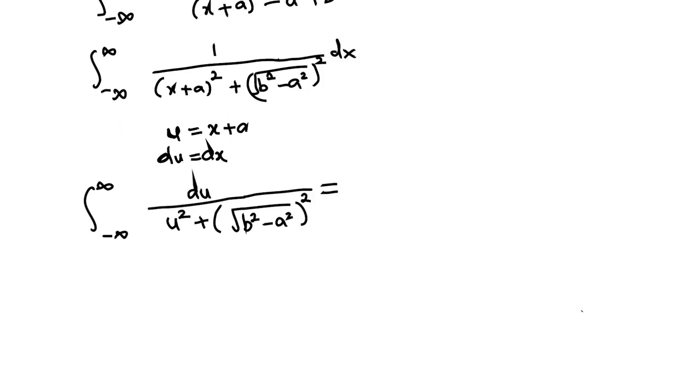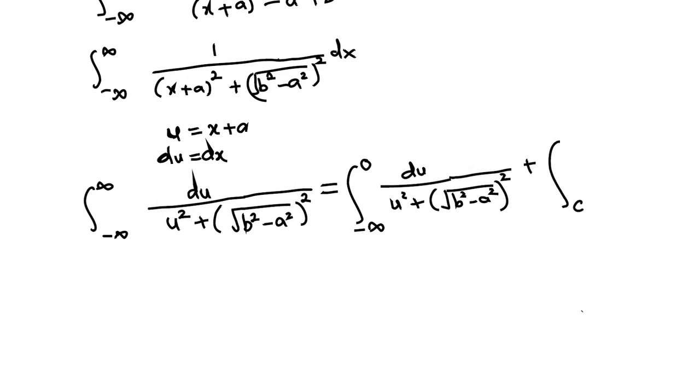And then class, we divide into two integrals, which is from negative infinity to, let's say, 0, du over u squared plus square root of b squared minus a squared, squared, plus 0 to infinity, du over u squared plus square root of b squared minus a squared, squared.